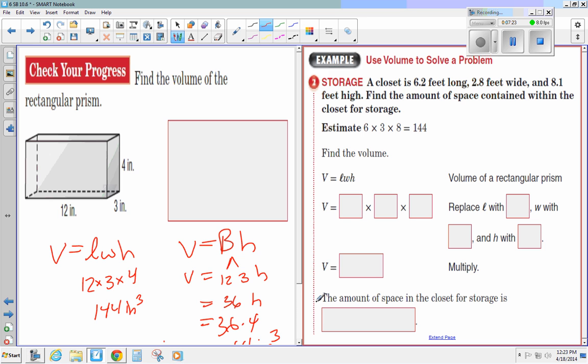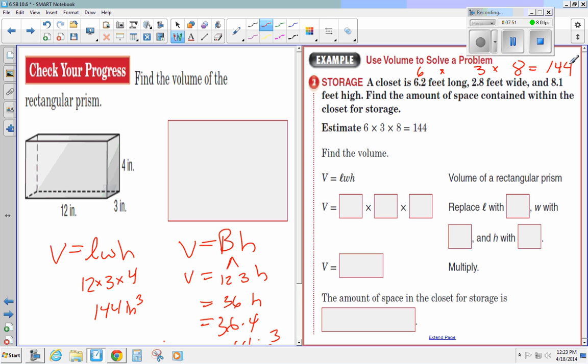All right, use volume to solve a problem. Here we go. A closet is 6.2 feet long, 2.8 feet wide, 8.1 feet high. Find the amount of space contained within the closet for storage. So we're going to start by estimating 6 by 3 by 8. Well, that is approximately 144.